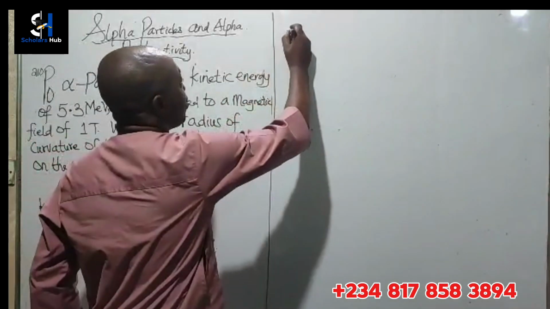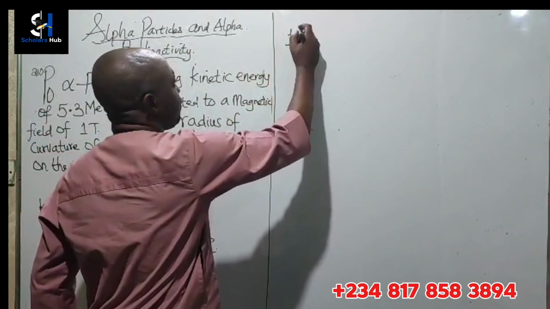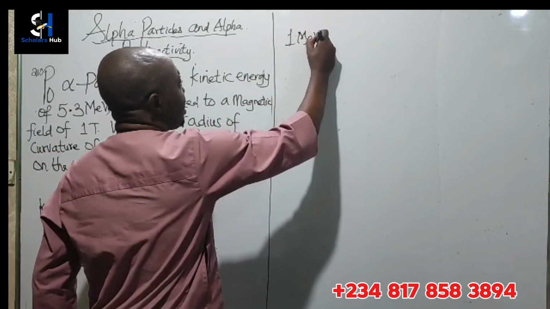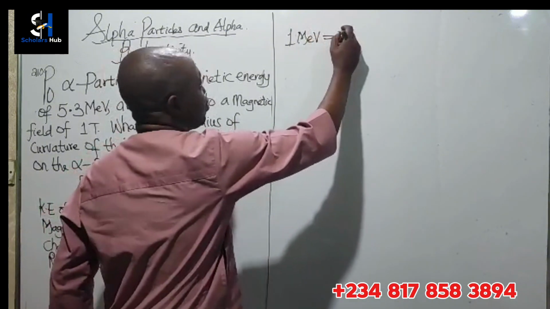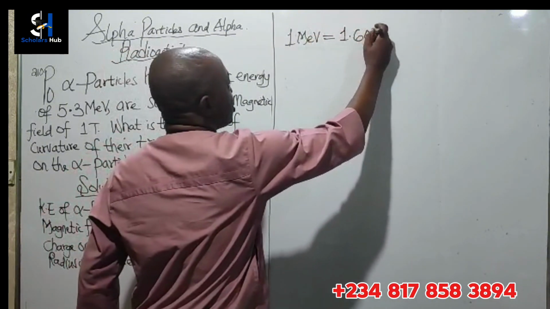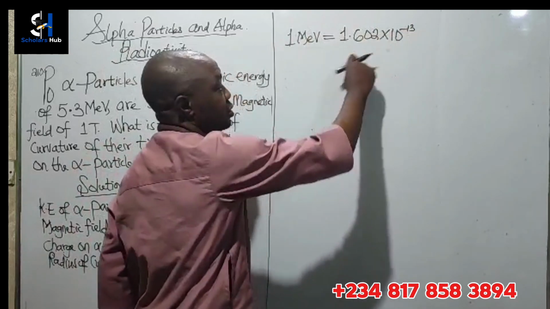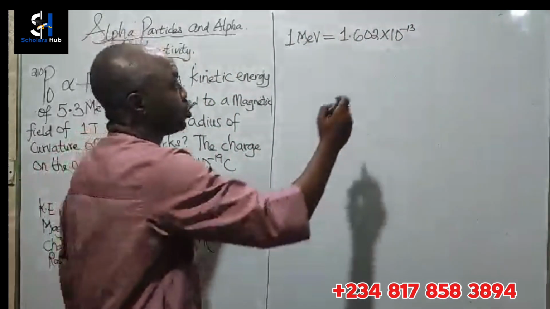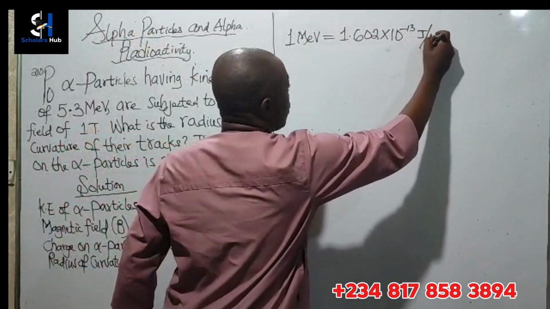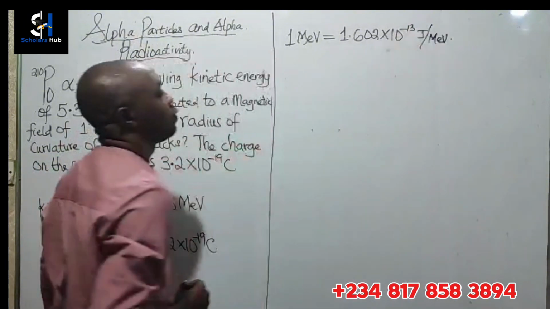So we know that 1 mega electron volt is equal to 1.602 multiplied by 10 raised to the power of negative 13 joules per mega electron volt.